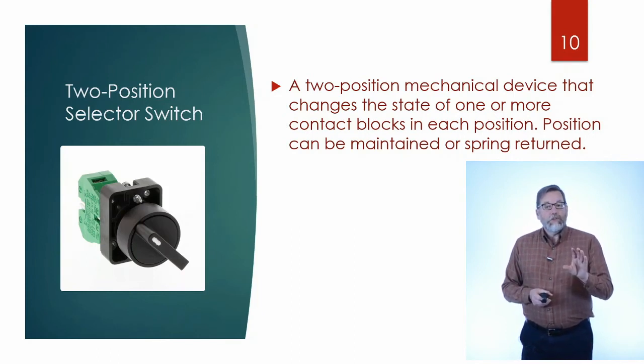But this particular picture only shows one contact block on there, but we can stack contact blocks on either side, so the different mechanical action that happens in an operator of this form factor will manipulate many contact blocks at the same time, and will give us different options that we don't get from a push button.